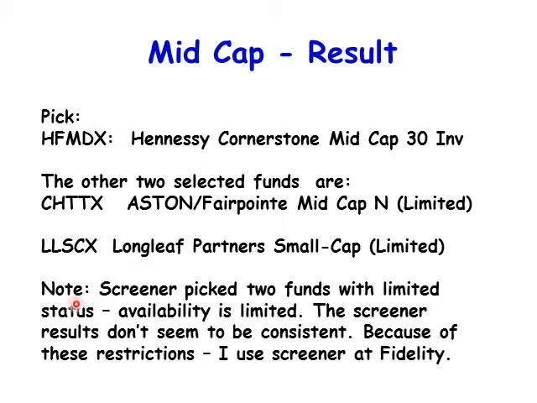So the screener picked two funds with limited availability, and the screener results don't seem to be consistent. Because of these restrictions, I use the screener at Fidelity, where I know the fund is in fact available for purchase. So we're going to have this fund for my mid cap selection.